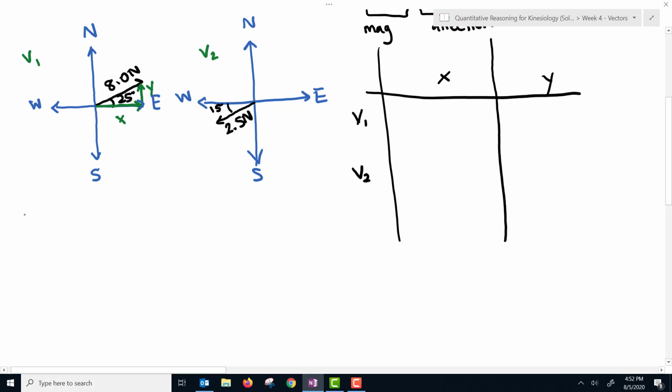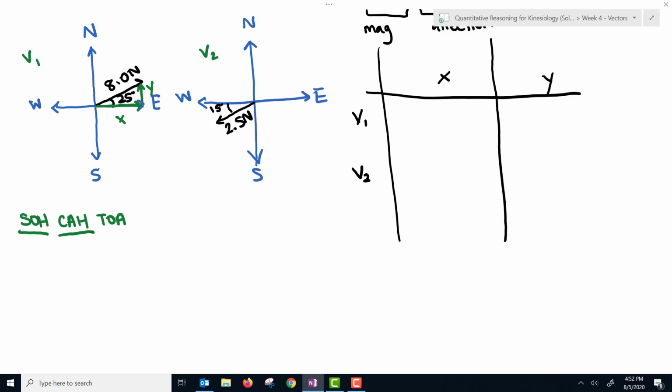If we were to use SOHCAHTOA again, we know the hypotenuse. When we do this, we always know the hypotenuse. So really it's a choice between SO and CA. If you're looking for the adjacent side, you're going to use CA. If you're looking for the opposite side, you're going to use SO.